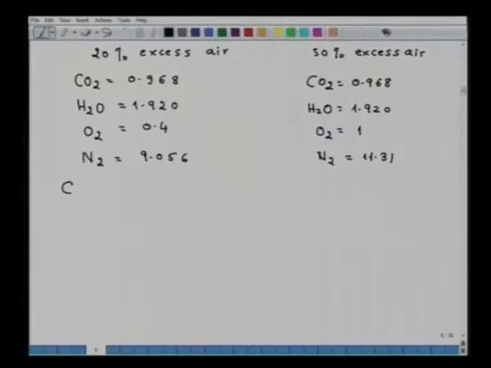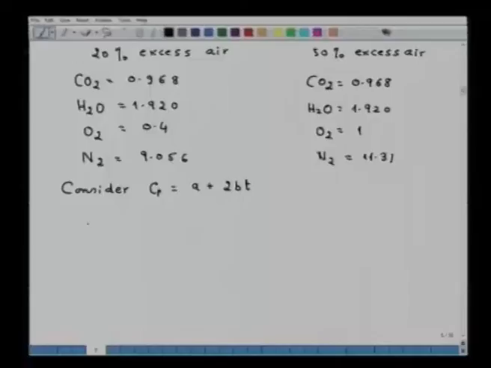Now, suppose I consider Cp equal to A plus 2Bt and calculate the adiabatic flame temperature, for example, first for 20% excess air. Again, I have to calculate the heat capacity of the mixture of the products of combustion.